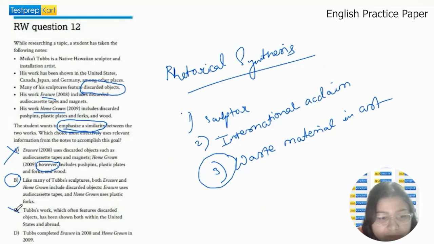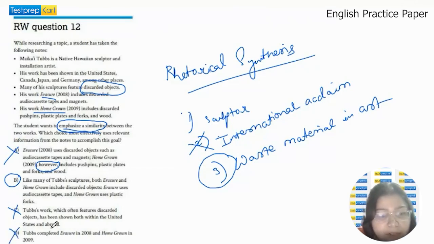And here we are talking not only about his work in general, but also about his international acclaim. So we are not concerned with point 2. We are only concerned with point 3. So C is out. D says Tubbs completed Erasure in 2008 and Homegrown in 2009. No, we don't care.